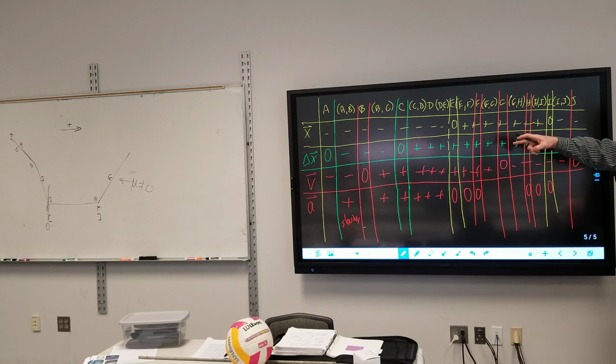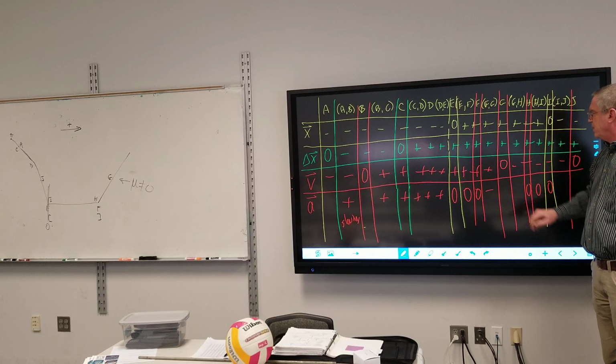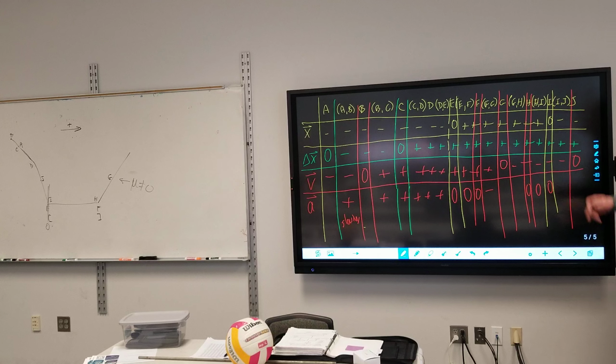Now from F to G, is it speeding up or slowing down? Slowing down. So F to G is positive velocity, so that would be negative acceleration. From G to H, speeding up or slowing down? Speeding up.